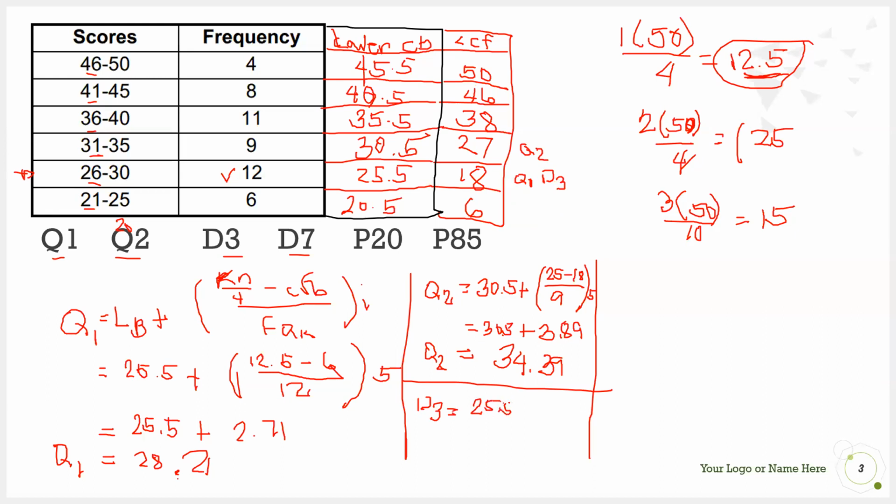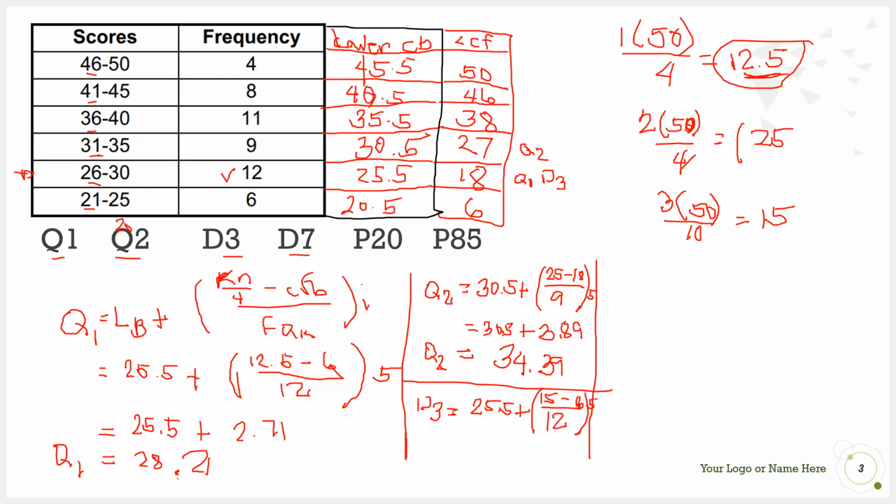That's 25.5 plus, kopyahin natin yung compute natin kanina, which is 15, minus, ano yung mas lower sa kanya? 6. Anong frequency niya? 12 times 5.